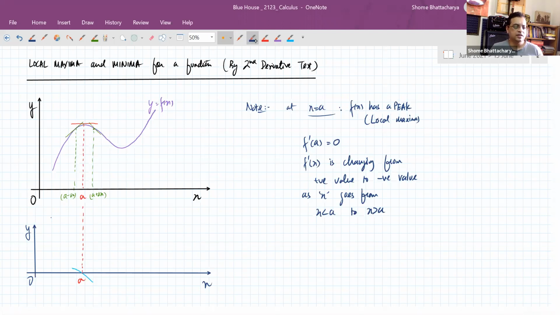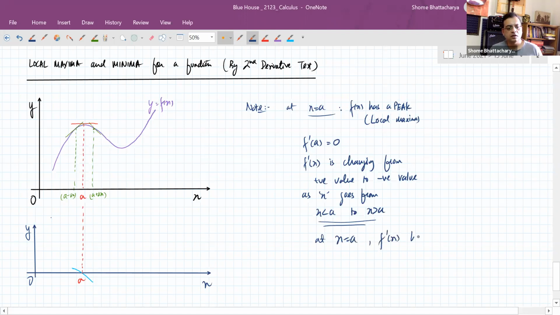Okay. So we can say that at x equal to A, f prime x has a behavior that it is decreasing with respect to x.